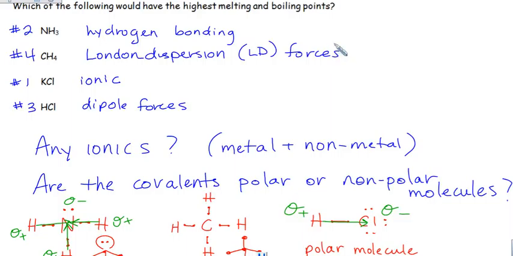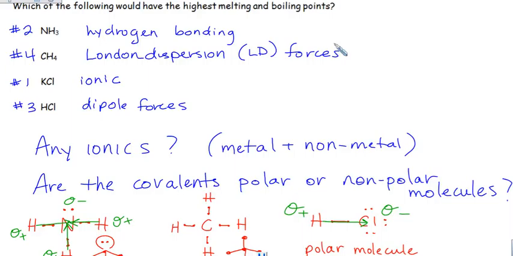So these particles should have the lowest melting and boiling points. The attractive forces between the particles are weak, so it really doesn't take a lot of energy to separate the particles and change phase.